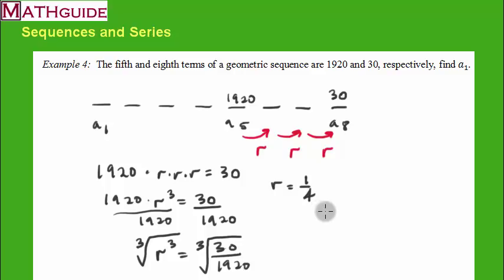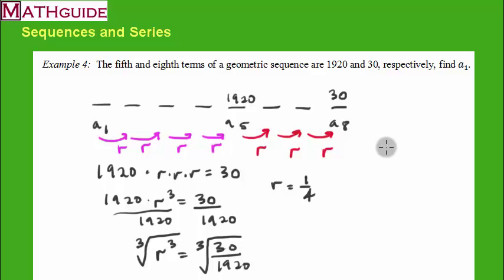All right. Now remember, our goal is to get a sub 1. So now similarly we're going to think, how do I go from a sub 1 to a sub 5? Well, I have to multiply once to get to the 2nd term, another r to get to the 3rd term, another r to get to the 4th, and finally another r to get to the 5th. So what does that really mean?